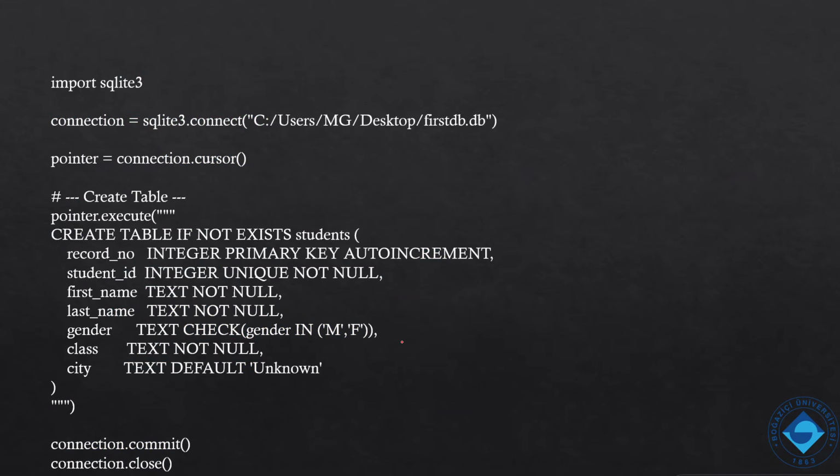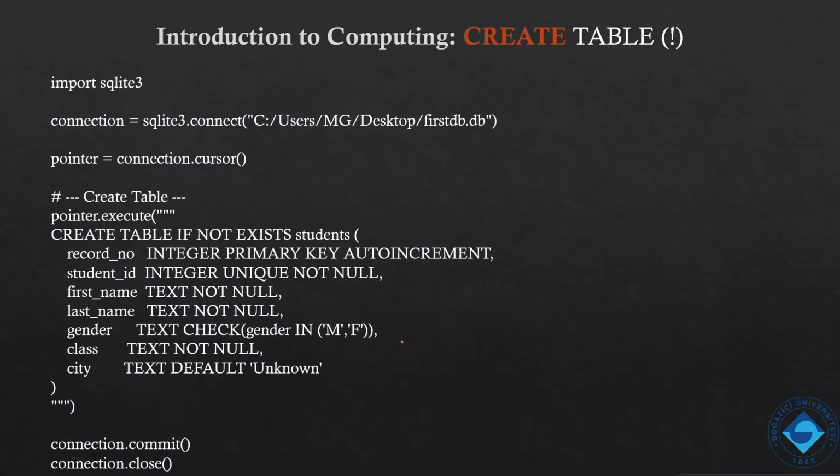Okay, here is our full code. First of all, I'm going to import my library. I'm going to connect it. I'm going to use a cursor again. After that we will use the cursor execute function and create table if not exists, then my table name and my field names in the table: record number, student ID, first name, last name, gender, class, and city. Then their data types, integers, texts, you can see. Then I will choose the record number field as a primary key and auto increment.